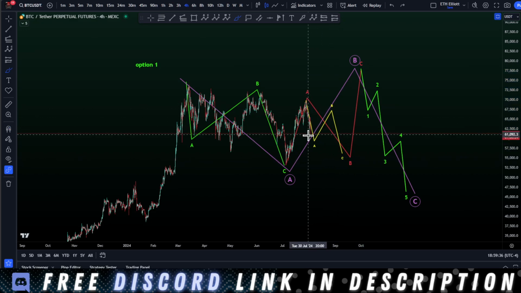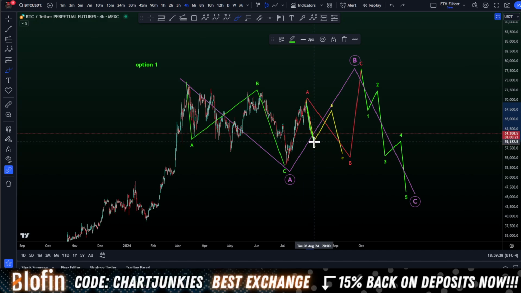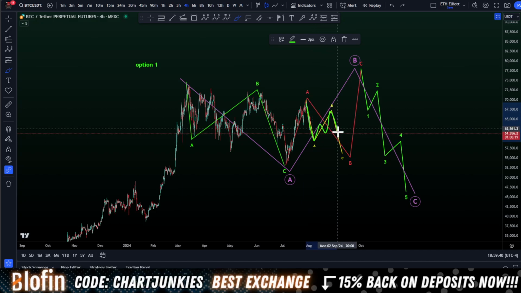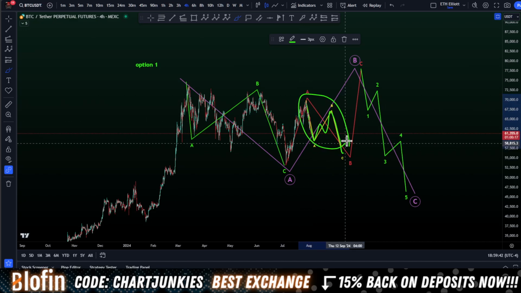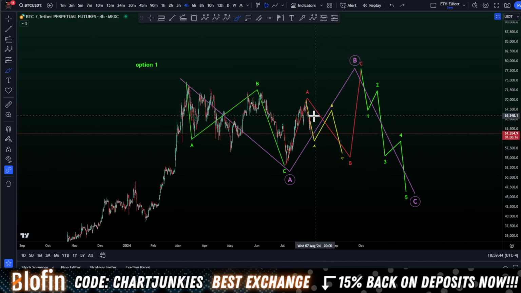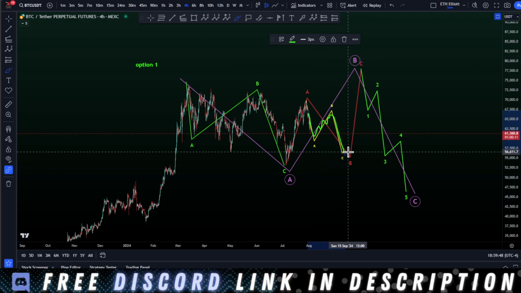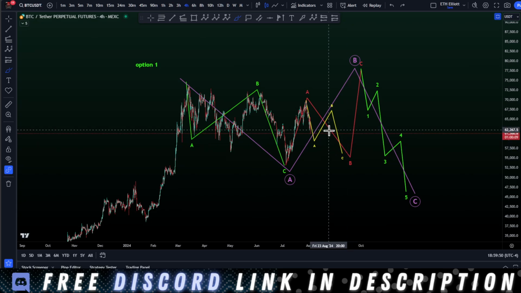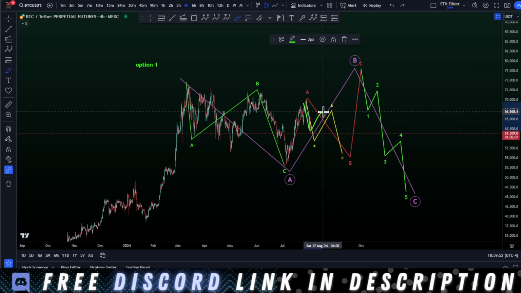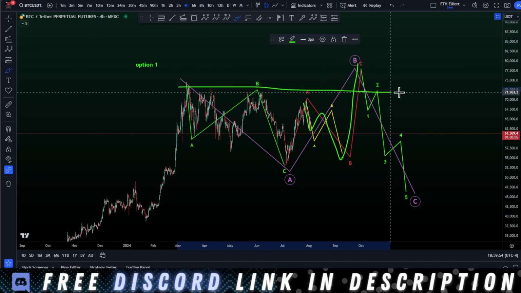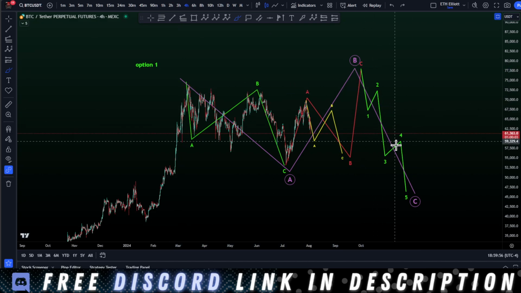Now, this is saying that we have a little bit more down to go. We're going to correct up, come down some more, put in a nice corrective wave to link in. So, maybe if we see some wave action like this and a push down, this might be a good scenario for us. Come up, take out the highs, and then impulse to the downside.